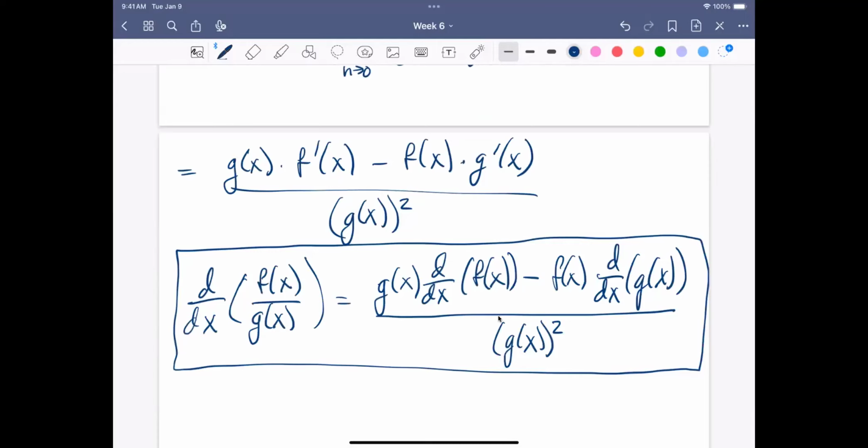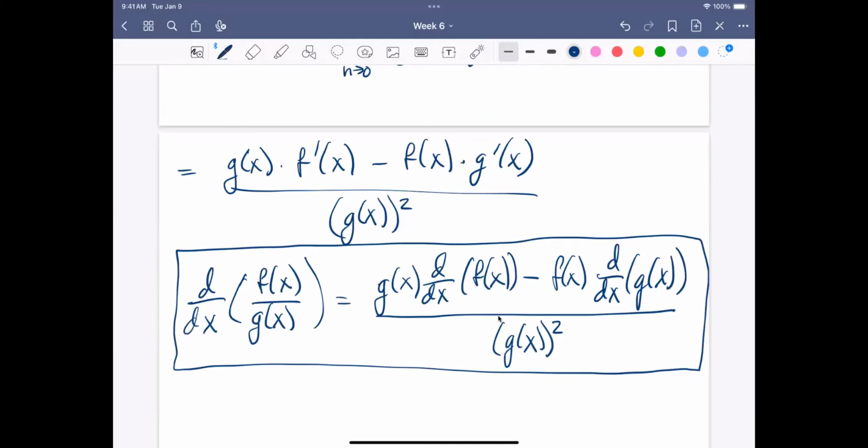So you can see that my top function, nice polynomial there. Bottom function, also nice polynomial. But to actually compute this with the definition would be a huge algebraic nightmare. So we don't want to do that. Let's use our quotient rule.